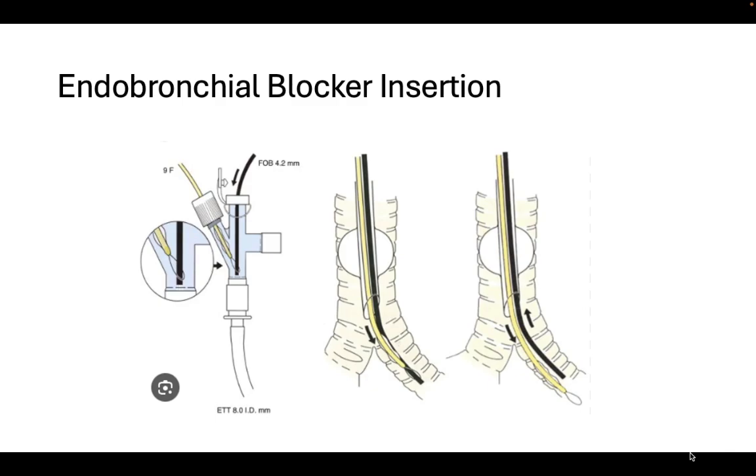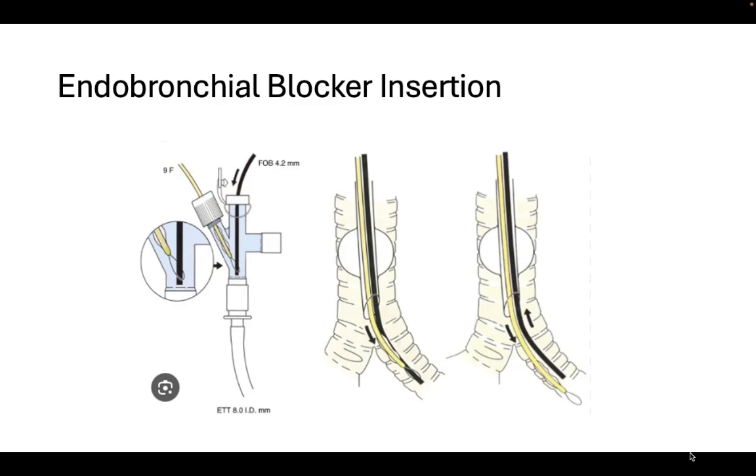And you'll use the snare, which is controlled at the end of the blocker, to tighten to the end of the bronchoscope. Once you've completed that, you will then put the 4-port connector attached to the ET tube with the bronchoscope and snared blocker already positioned inside. Then you can advance your scope, and the blocker, which is now snared to your scope, will follow alongside until you reach that bleeding segment.